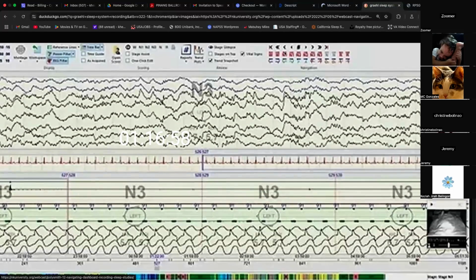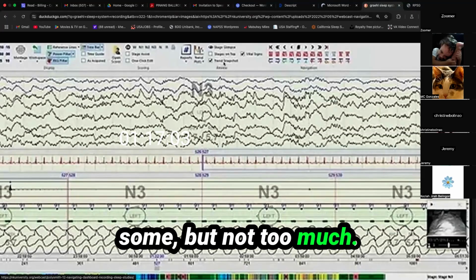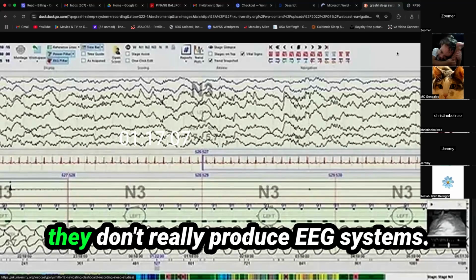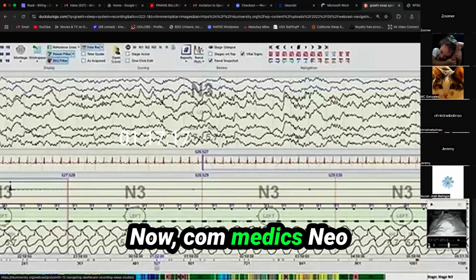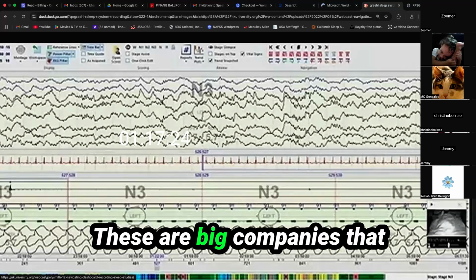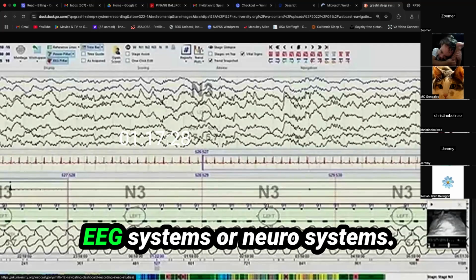Alice has some, but not too much, because Alice is by Philips, and Philips doesn't really produce EEG systems. Now, Compumedics, Nihon Kohden, Cadwell, Natus, these are big companies that produce sleep systems and EEG systems or neuro systems.